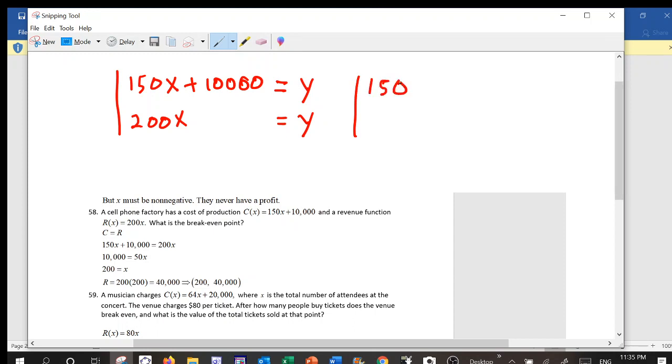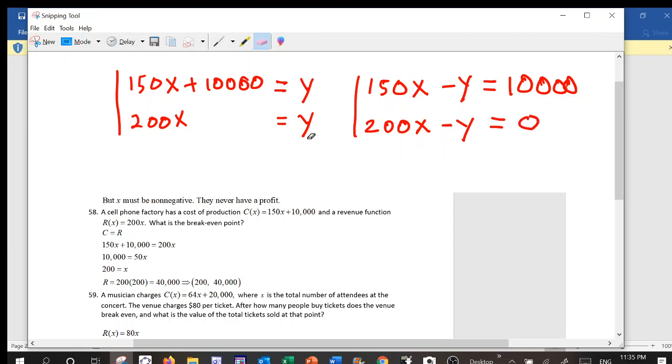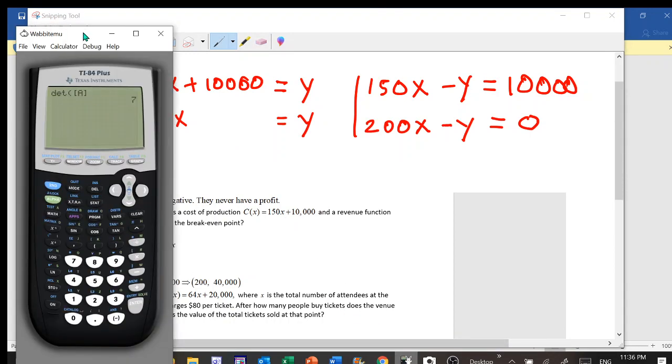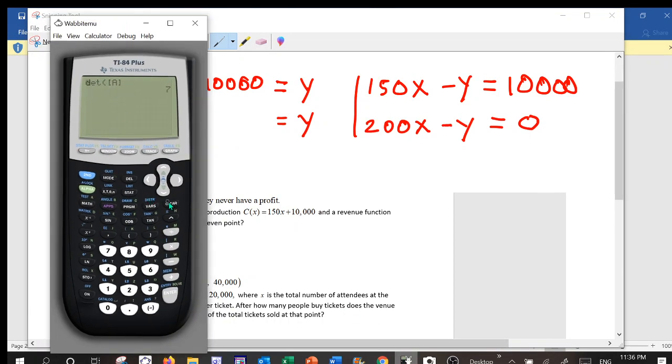So let's see, 150x minus y has to equal 10,000. And then 200x minus y has to be what? 0, right? Because if I move the y here, this would be 0. So let's see if we could do it with a calculator the same way that we did.